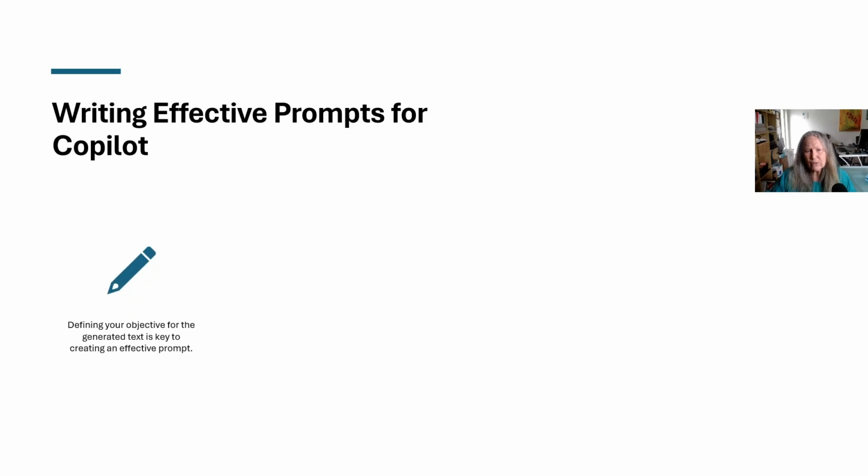Writing effective prompts for Copilot means defining your objective so that you can create an effective prompt. Providing a detailed context helps Copilot understand the subject matter and produce an accurate and meaningful response to your prompt.